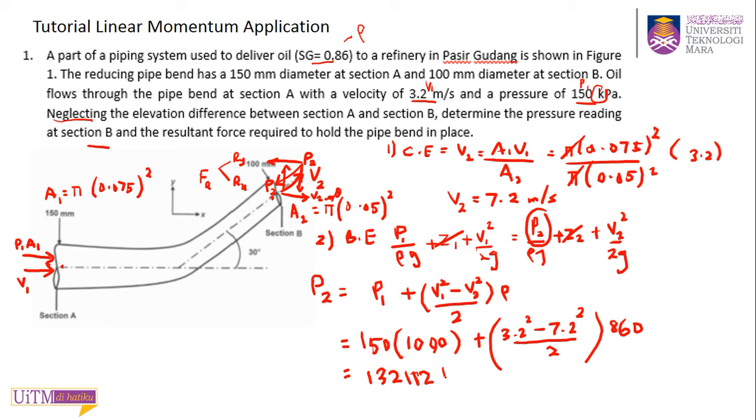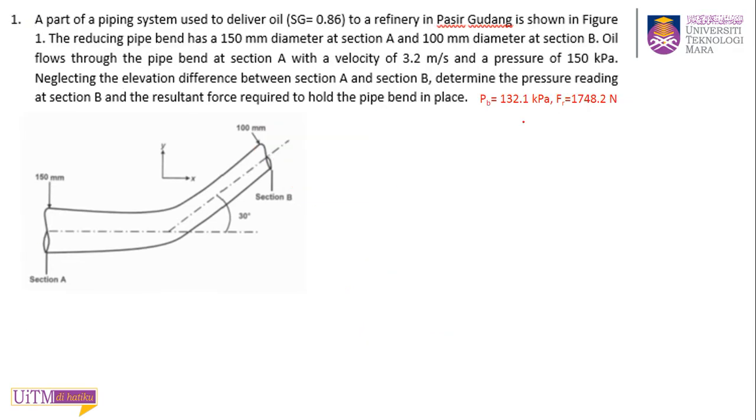Pascal. Pascal, don't forget your unit. So this is the answer for this part, to find the pressure at point 2. It's the same as 132.1 kilopascal, you just divide by 1000.